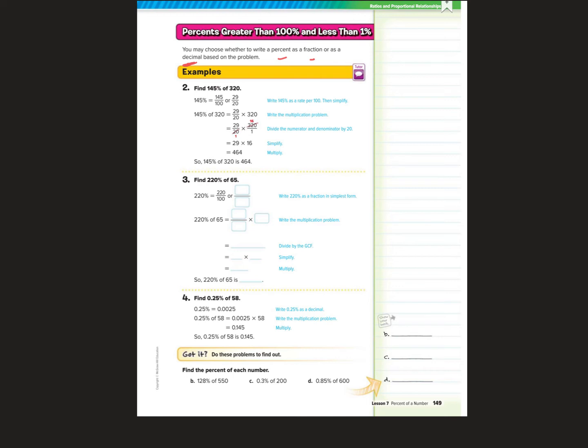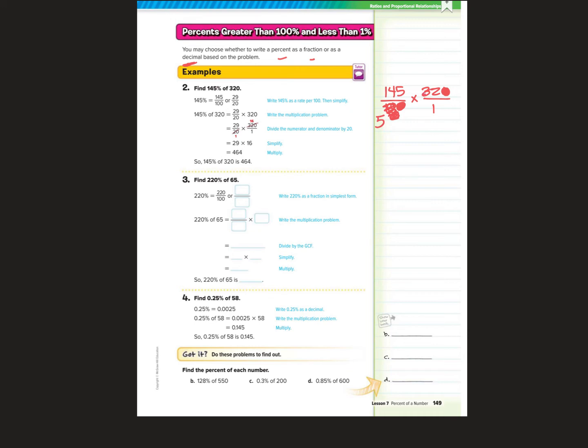Okay, so 145% of 320. 145 over 100 multiplied by 320. All right, so I could divide by 10, which means cancel out a 0. Divide by 10. I could divide by 2. If I divided 10 by 2, I'd get a 5.